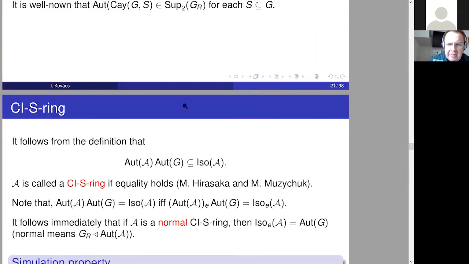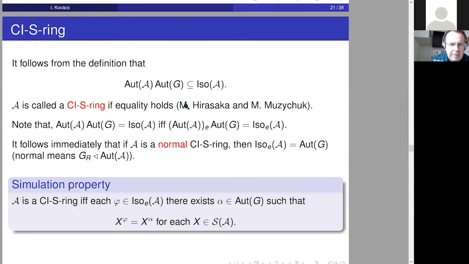So now we can define CI S-rings, which will be our main tool for the CI problem. It follows from the definition that an automorphism of the ring composed with an automorphism of the group is always an isomorphism.